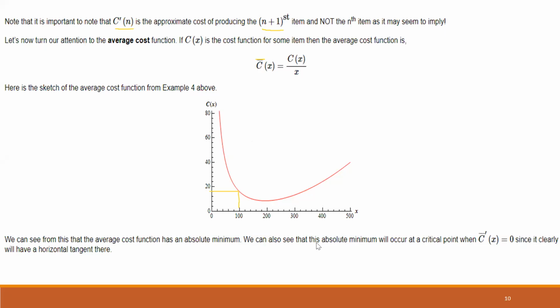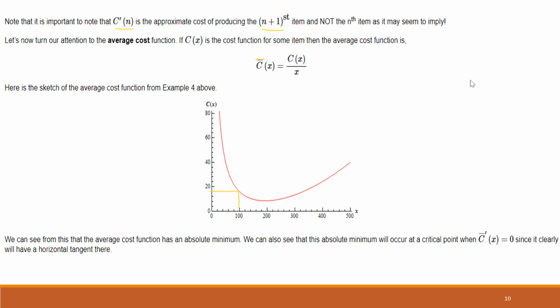We can also see that this absolute minimum occurs at the critical point where the derivative of the average cost function, C bar prime of x, is equal to 0, since it clearly will have a horizontal tangent here.